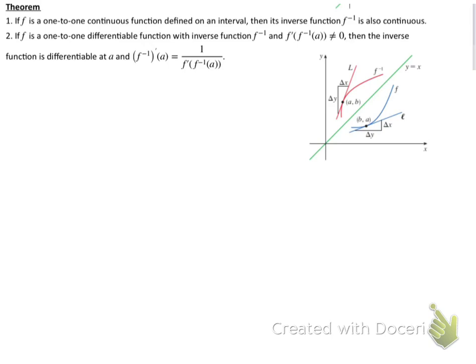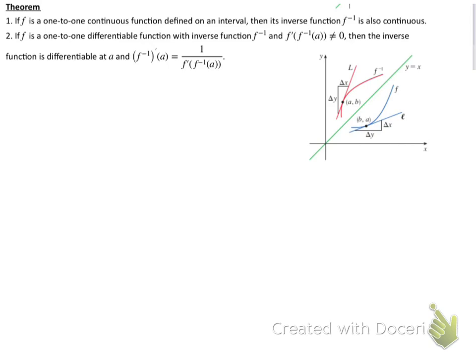That's what it is. Now the second part: if f is a one-to-one differentiable function with inverse function f inverse, and the derivative of f at f inverse of a is not 0, then we can compute the derivative of f inverse at a.